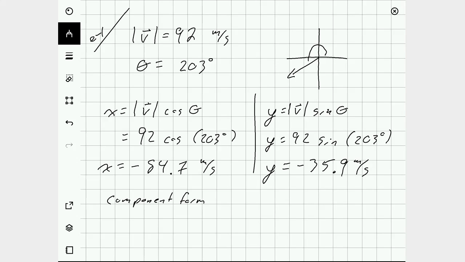And we could write the vector now in component form and claim that v is negative 84.7, comma, negative 35.9 meters per second.